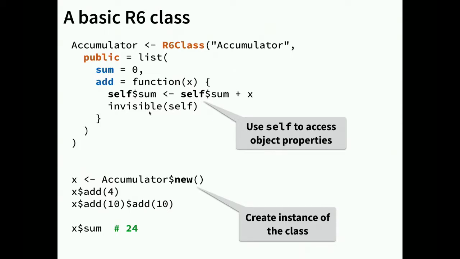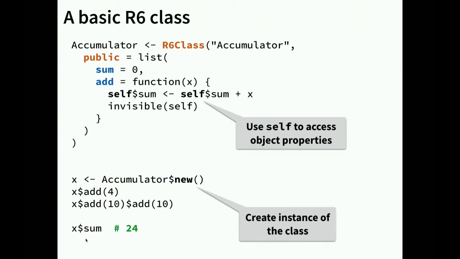To instantiate the class, to create an object of that class, you'd say Accumulator$new, and you save that in x, and now I can say x$add(4), or x$add(10), and then add(10), because the first add(10) returns that accumulator object, and so I can keep using the $ sign and calling this add method. And at the end, I can access the sum just by using x$sum. So that's the very basics of creating an R6 class.